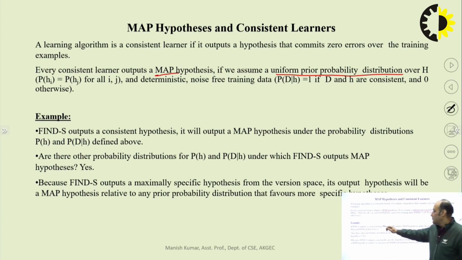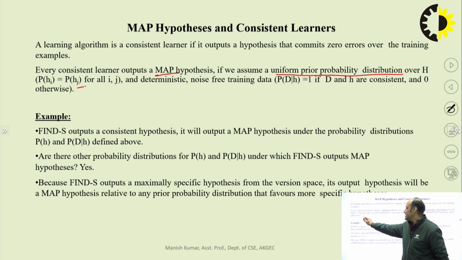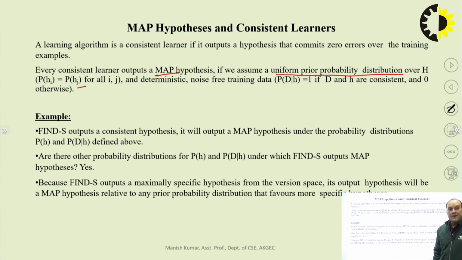Uniform distribution, P of Hi is equal to P of Hj for all i, j, and deterministic, assuming noise free training data. If training data is noise free, then the probability of D given H is equal to 1 if D and H are consistent, otherwise it will be 0.